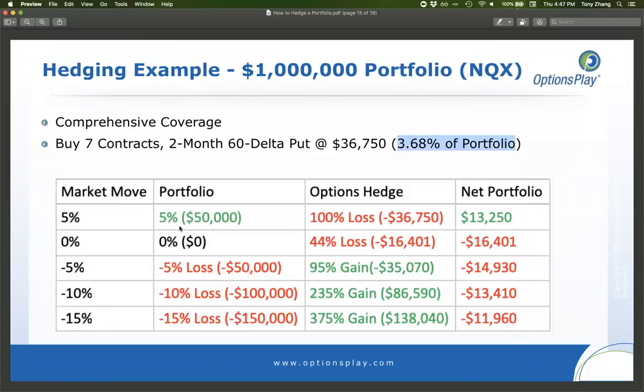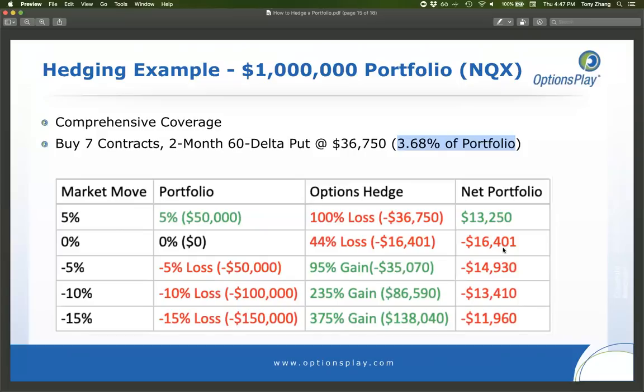So same thing, same $1 million portfolio in the different scenarios where the market was higher and lower. In this particular case, if the market stays exactly where it is, before I lost the full value of the put option, so I actually lost $17,000. Here, I'm only losing $16,000.